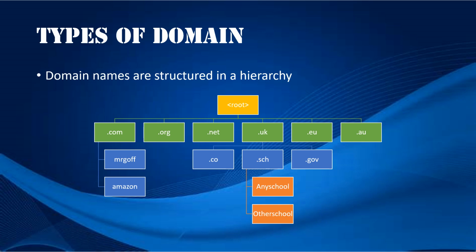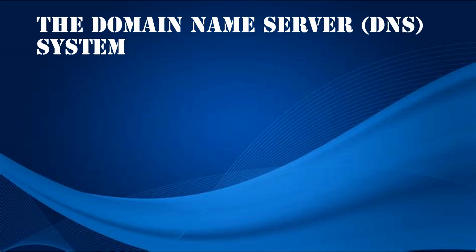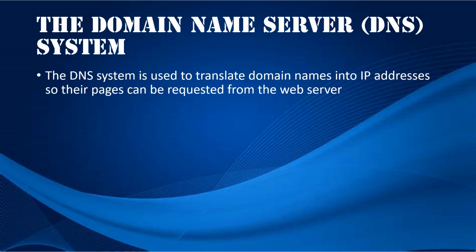There are also second-level domain names like .co, .sch, and .gov, and third-level domain names that belong to specific organisations and companies. Full domain names are read from the bottom to the top of the hierarchy, for instance, anyschool.sch.uk or MrGoff.com.